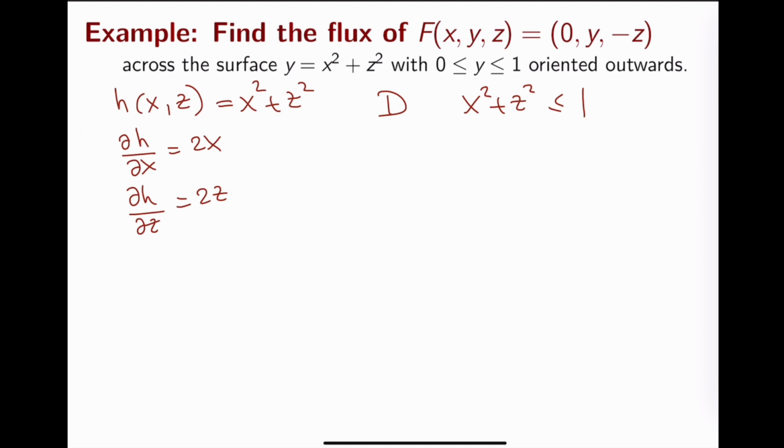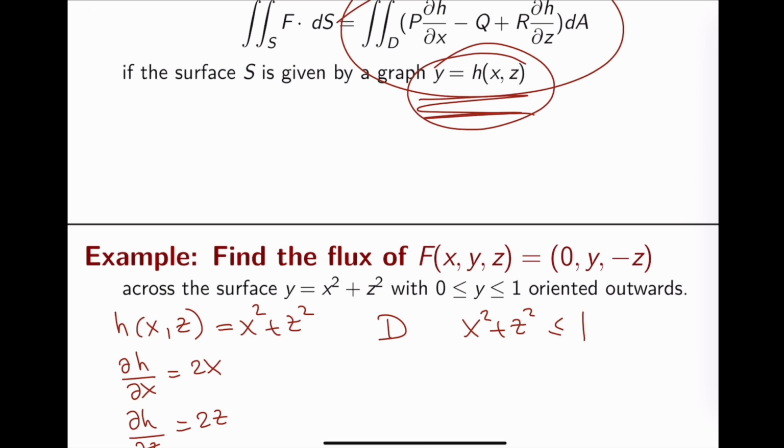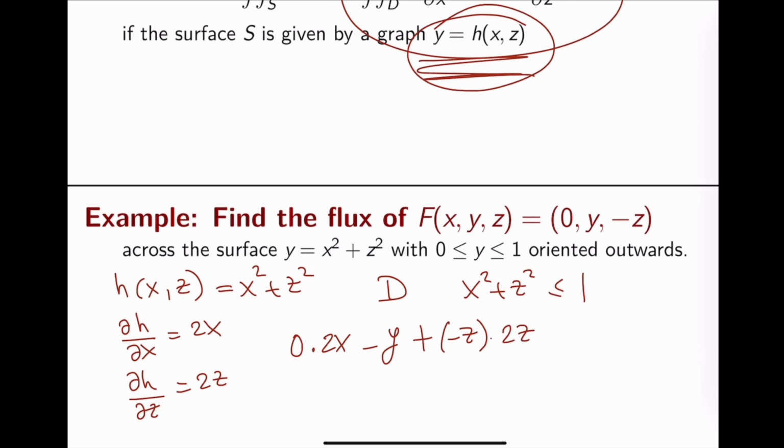And so the integrand will become P, that in our case is 0, times the derivative of h with respect to x, which is 2x, and then minus Q, just Q, that is y, and so plus R, which in our case is minus z, times the derivative of h with respect to z, that is going to be 2z. And so this is going to be our integrand.